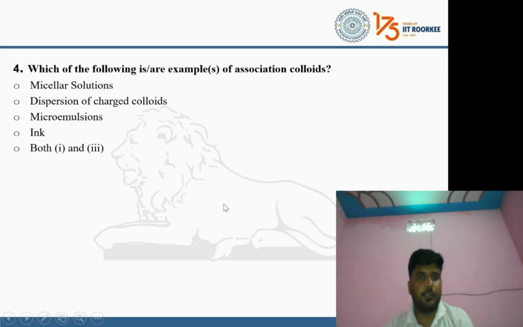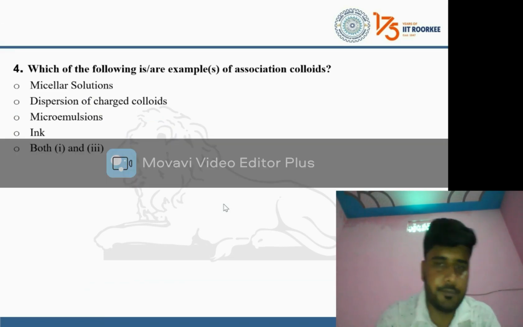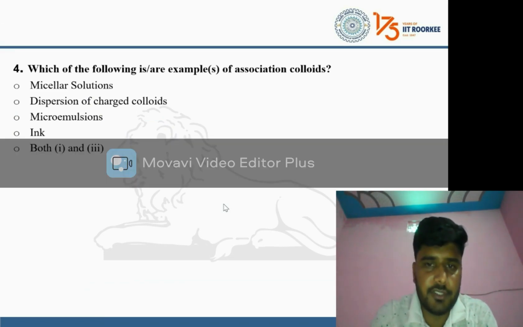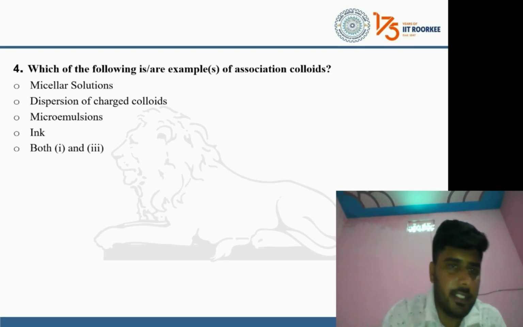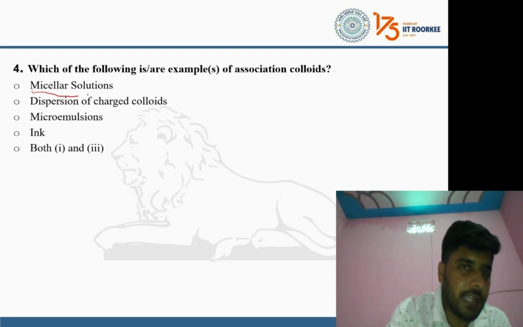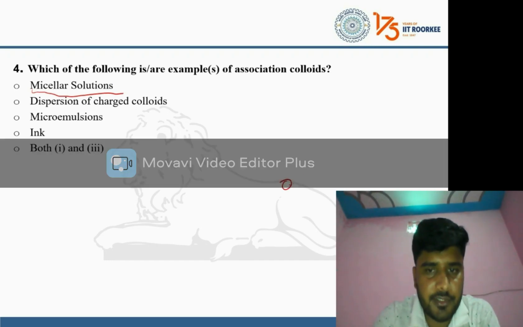Which of the following is an example of an association colloid? I have already discussed it. Association colloids are basically aggregation, or particles that combine with each other to form an aggregate. So you have to select the micellar solution, with a large number of ions.